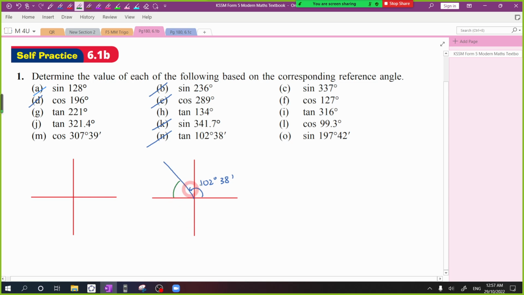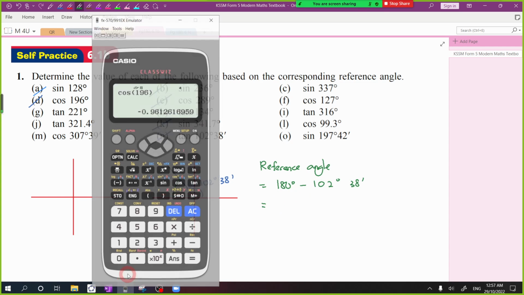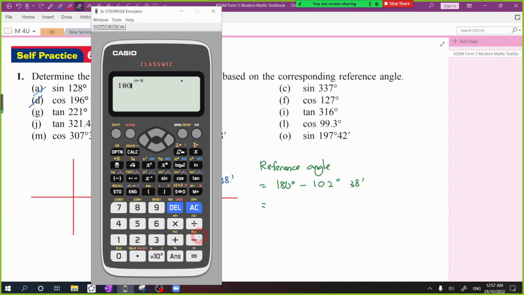How to get this angle? 180 degree minus 102 degree 38 minutes. So this you can just press your calculator. 180 minus 102 degree 38 minutes. Okay, so you get this one.